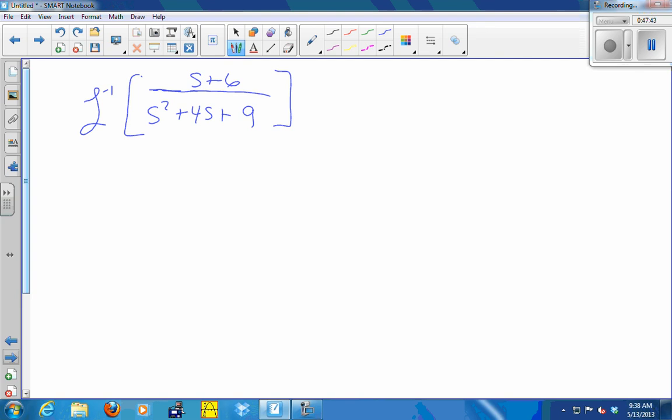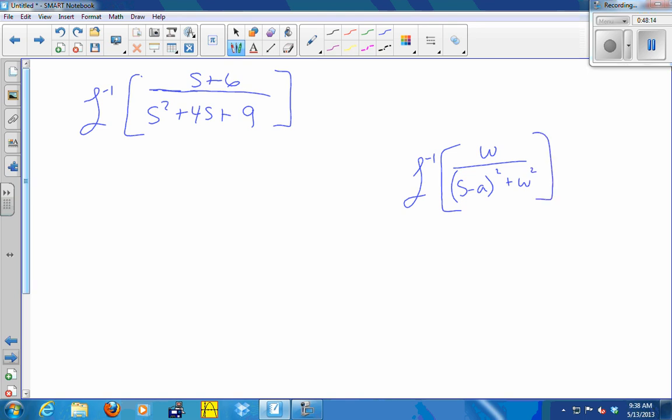Okay, so let's write down the inverse Laplace of, who's got a table? Yeah, thank you. The inverse Laplace of omega over (s minus a) squared plus omega squared.